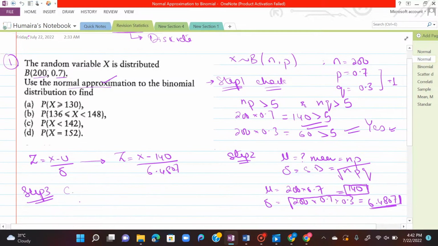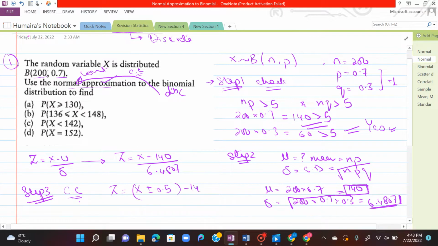The correction factor is used because binomial is a discrete case and normal is continuous. So when we are going from discrete to continuous case, we apply the correction factor, and for that, in whatever x value is given in the question, we have to either add or subtract 0.5.